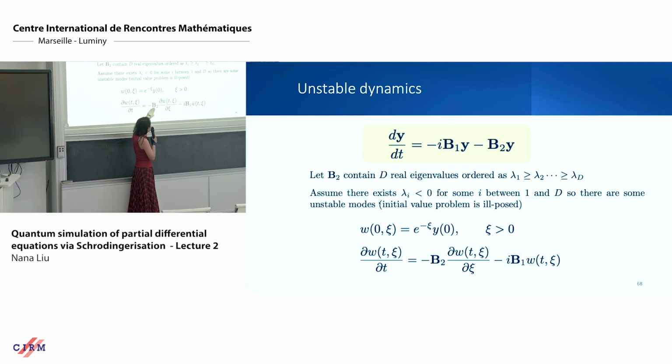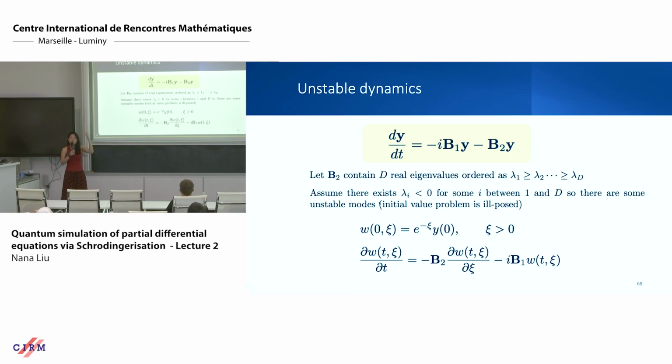If B2 is always positive, then it's always going like this. But if some of these are negative, it means there are some modes that are going backwards like this. If they're going backwards, it's going to disturb some of your solutions. So when we do post-selection, we don't want to post-select all the parts that have been disturbed.